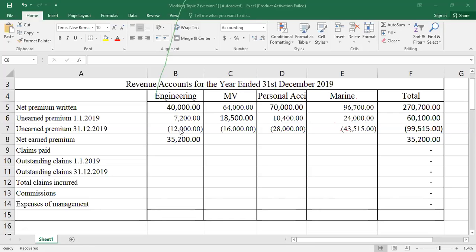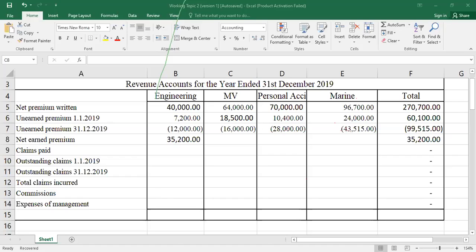If you look at part A of the additional information, we are told that the company calculates earned premium on the following basis: 30% of engineering insurance, and that is what has given us 12,000. We have 25%, that is what has given us 16,000.